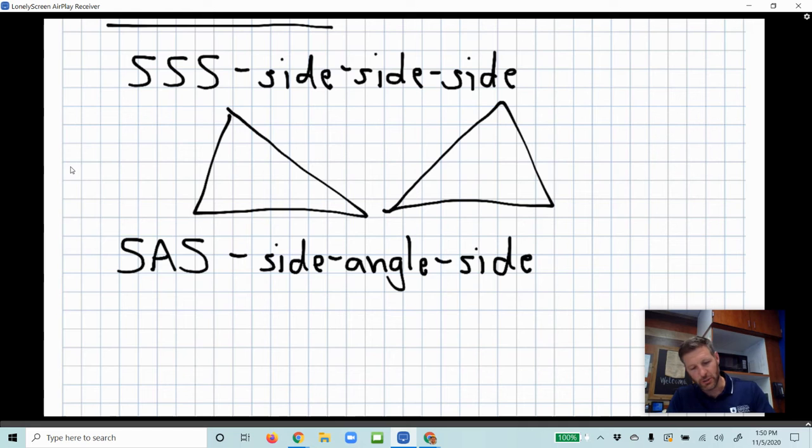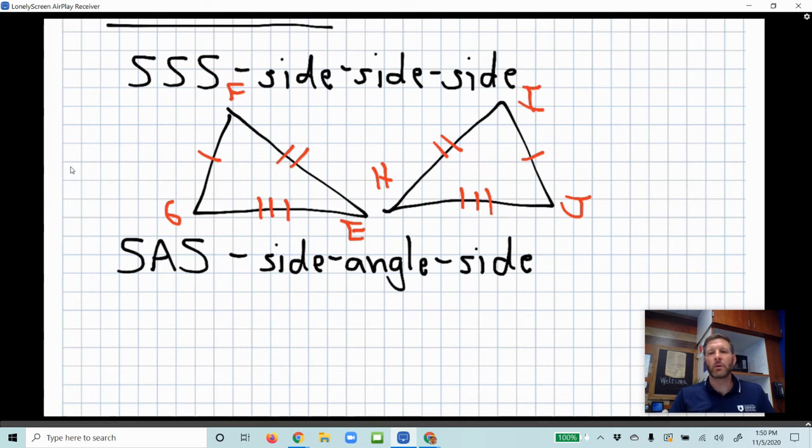What side, side, side asserts is that that is overkill, and that in fact, if you take 2 triangles, and I'll go ahead and write this as triangle FGE and triangle HIJ, and I want to prove these triangles congruent, just knowing that the 3 sides are congruent is enough. So if I know that GF is congruent to JI, if I know that FE is congruent to IH, and if I know that GE is congruent to JH, I don't even need to worry about the angles.